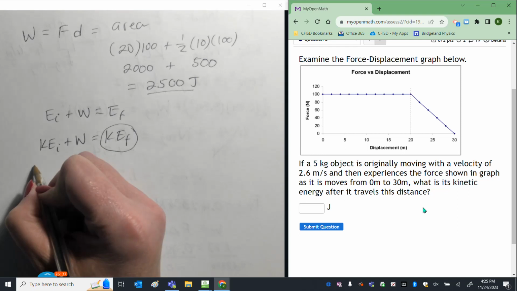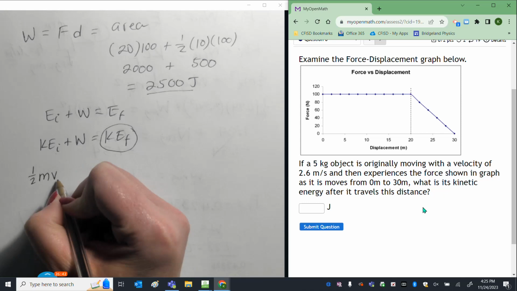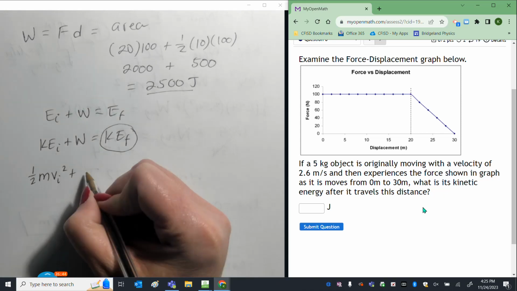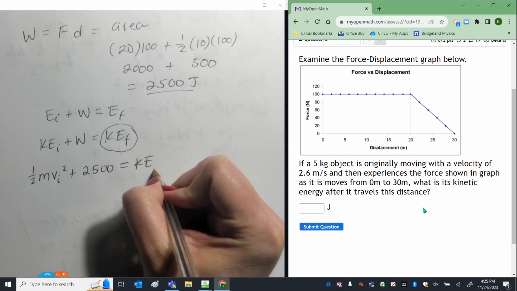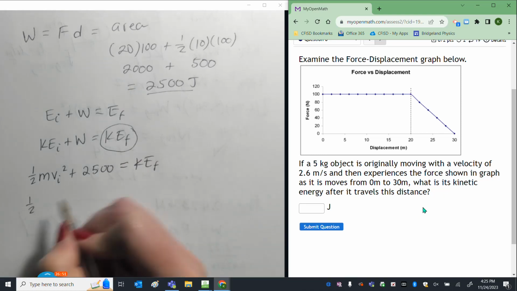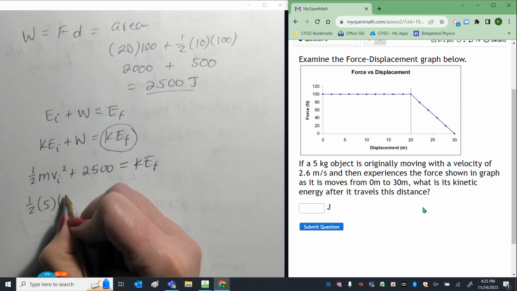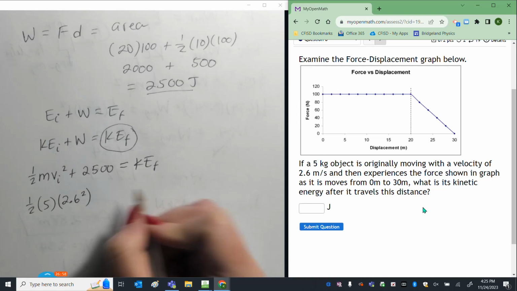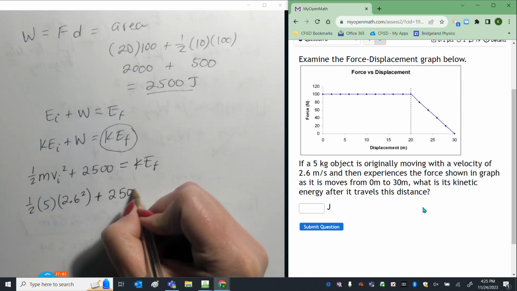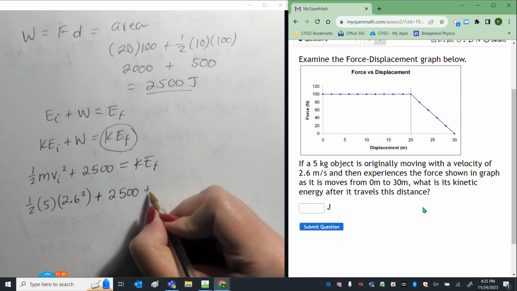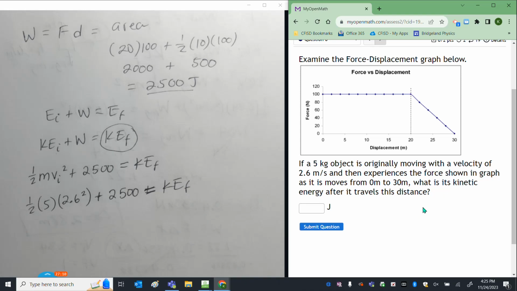Again, we don't know the initial KE, but we do know that kinetic energy is equal to 1/2 mv squared, plus the work, I'm going to go ahead and put the 2,500 in here, equals KE at the end. So 1/2, the mass is 5, it's in the question. The initial velocity is 2.6, and according to the equation, that needs to be squared, plus the work done adds even more energy to this system, 2,500 joules, equals the final energy it has at the end, which of course means it's going to be moving faster.